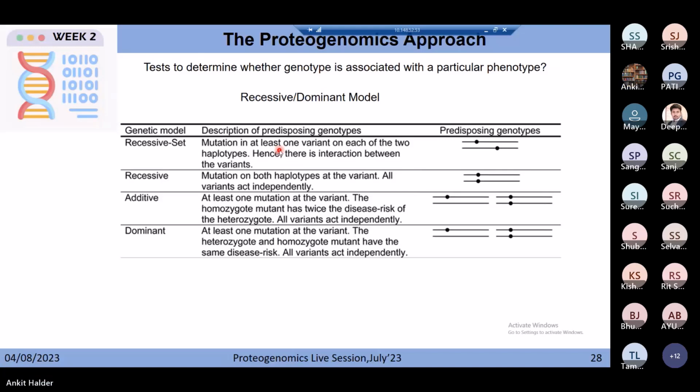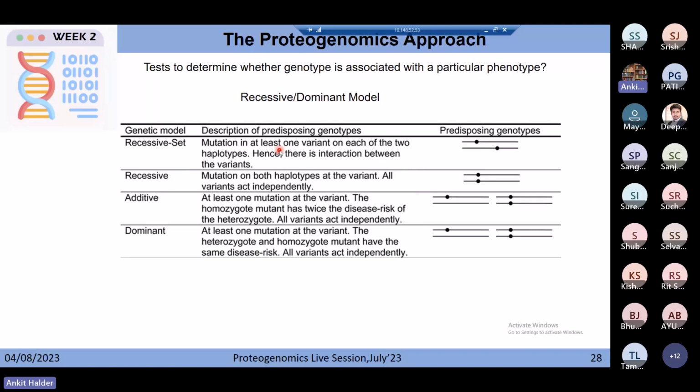So according to this model, if it is in the recessive allele, you won't get that particular disease or trait.